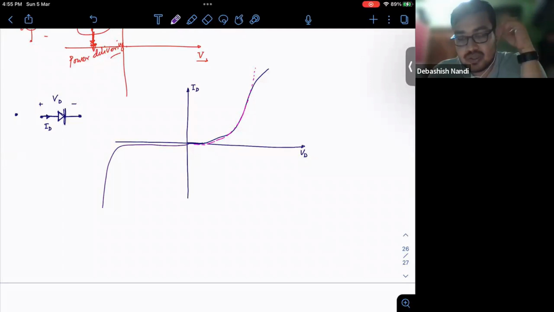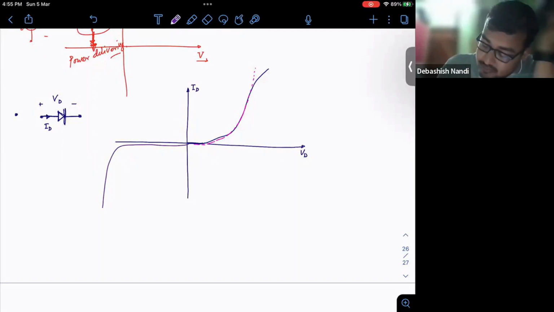So what do you think? Is a diode an active element or a passive element?